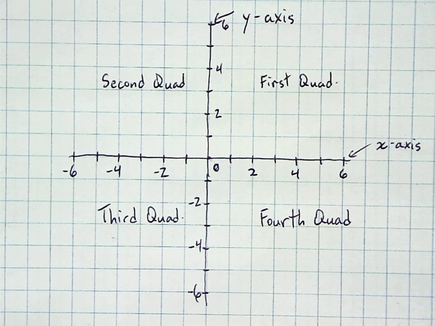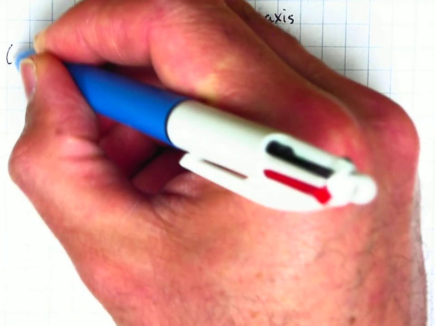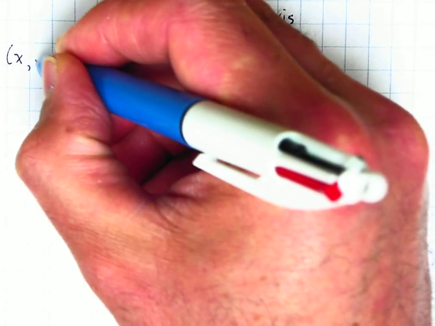Okay, so when you are labeling points on the axis, when you're identifying points, you need to give them a value. And the coordinates are always listed x first, then y.